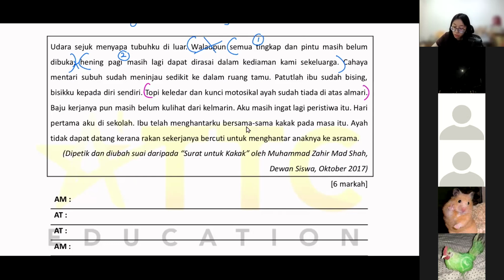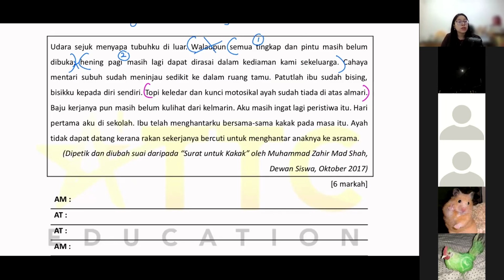Now the next sentence will be here. This one is very easy but quite tricky. So which one is your kata hubung? Easy question. Topik geledah dan kunci motosikal ayah sudah tiada di atas almari. So, easy question.